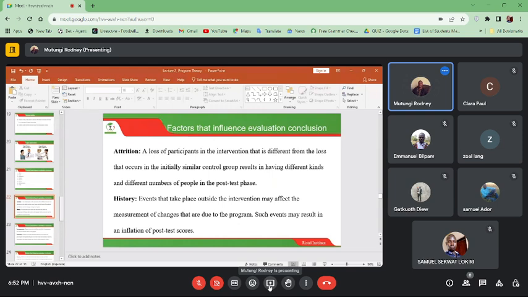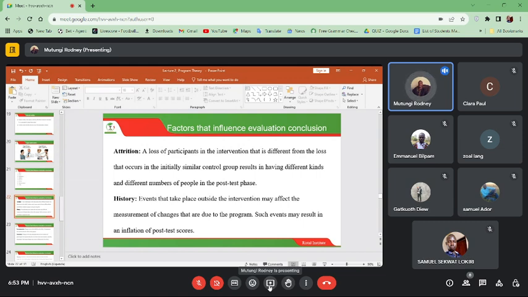So at the end of the day, when you are evaluating the effect in these two towns, there could be factors that could influence your overall evaluation conclusion.